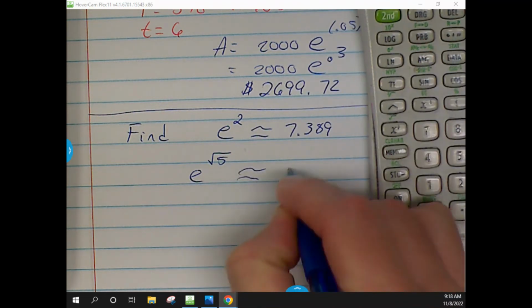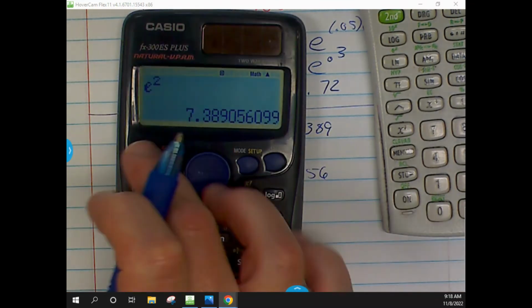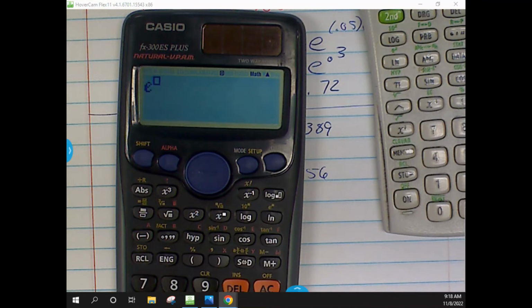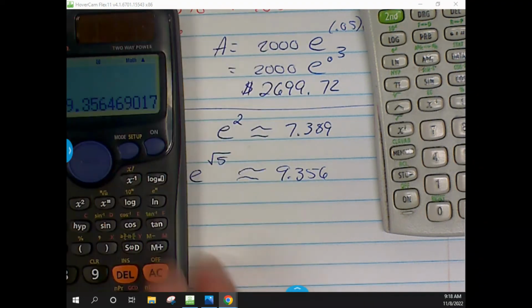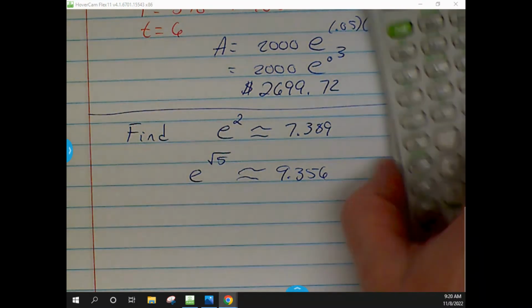Mine is a syntax error. Again, the Casio works a little bit easier. So square root of 5. There we go, so we get something like that. So everybody good with your E button on your calculator? I think so. Okay. So are we done? All right.